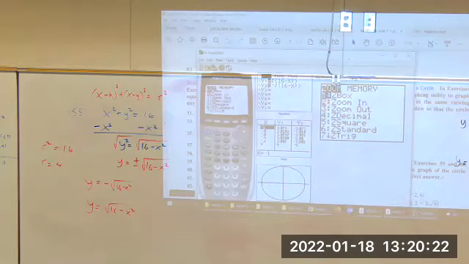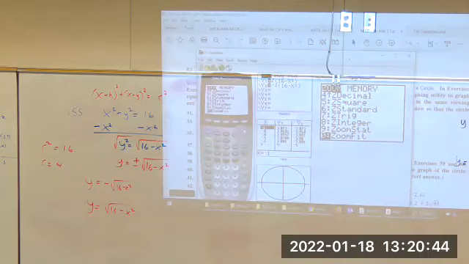But you know what? It scrolls. So if I scroll up, it goes to the bottom and it'll go backwards. Right there, option 0, which is option number 10, zoom fit. It'll refit the window to match up with the X min and X max that you have. So if I hit zoom fit, it's going to give me some better Y's to work with.